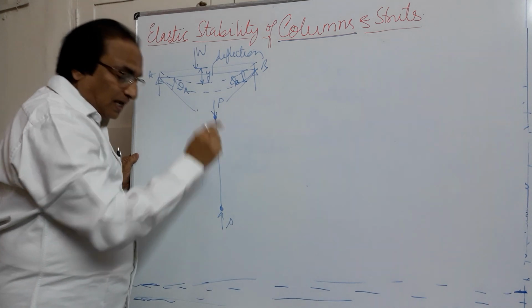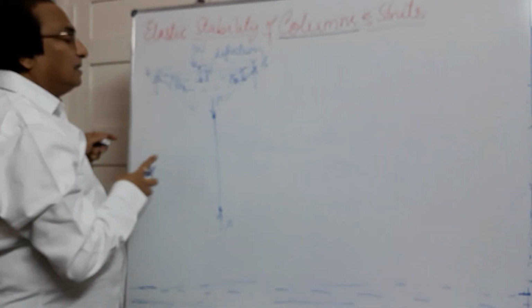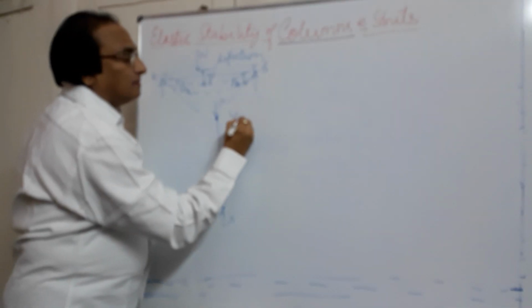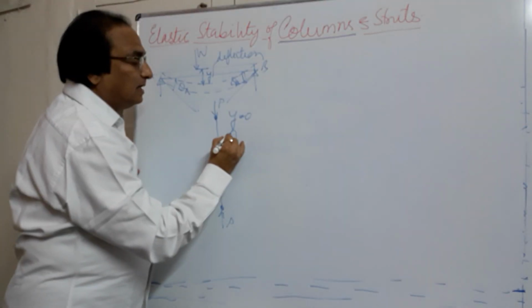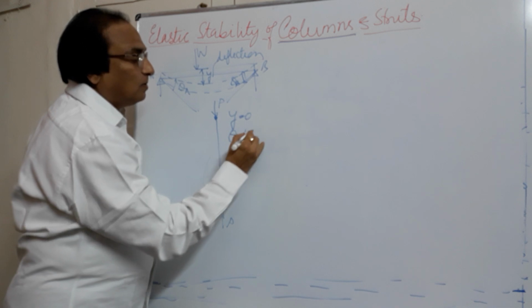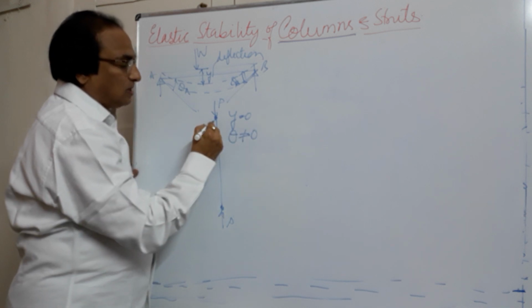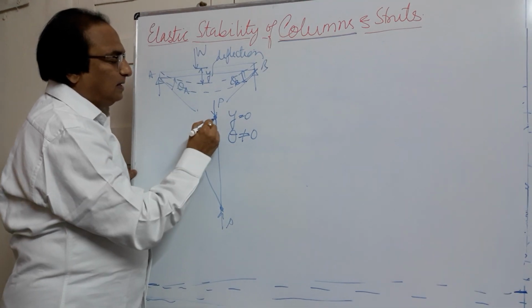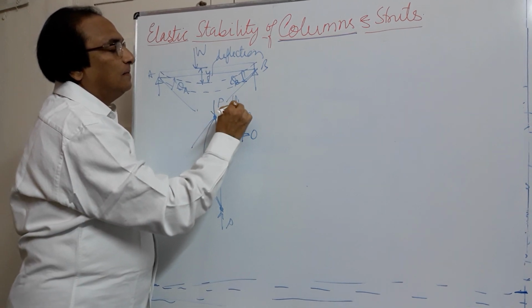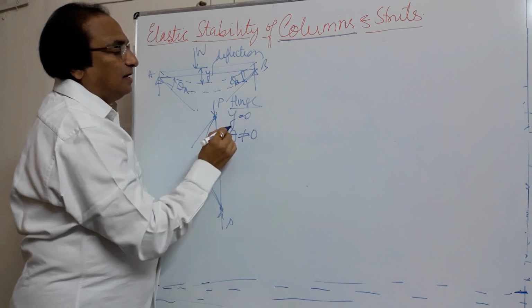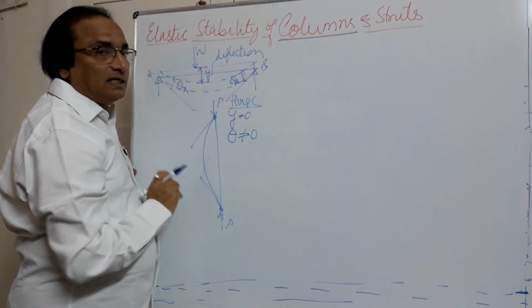So in case of hinged ends, deflection is not there. It is not moving. Deflection is not there, but theta is not equal to 0 because it will rotate like this. You find there is a slope here, there is a slope here. So at a hinge, deflection is 0 and theta is not 0.